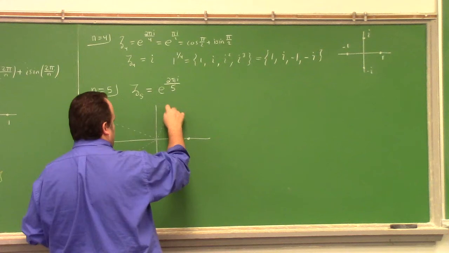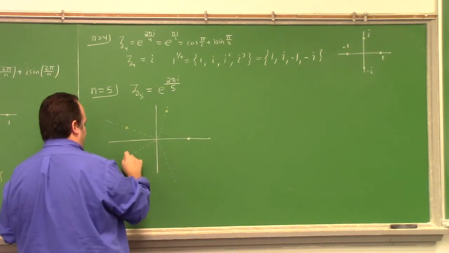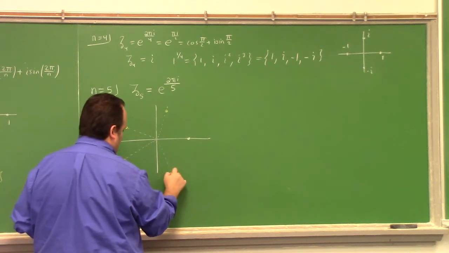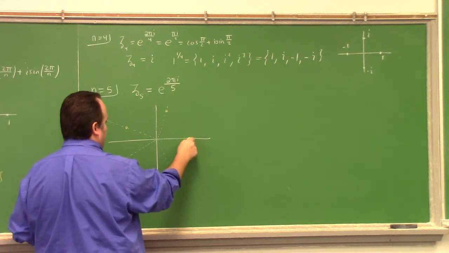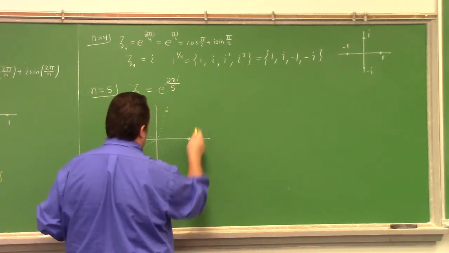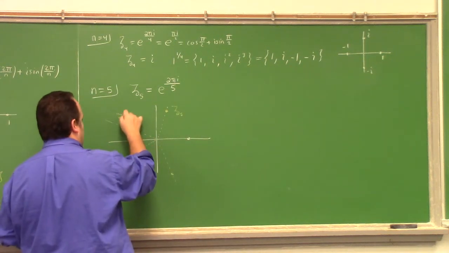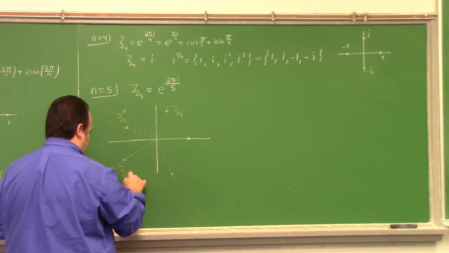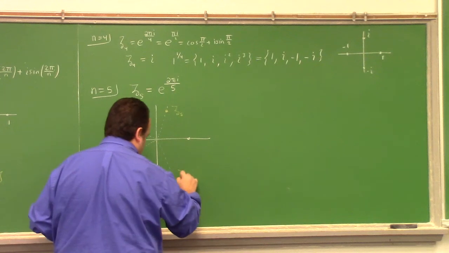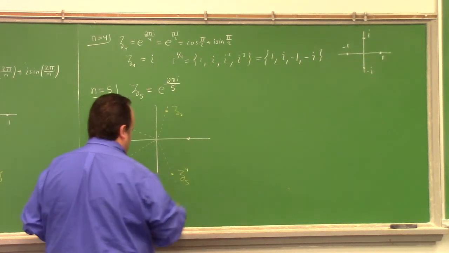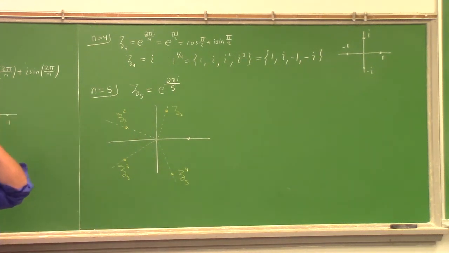I can prove that, by the way. So these are zeta 5 squared, zeta 5 cubed, zeta 5 to the 4th. Each time you go another 72 degrees around the unit circle.